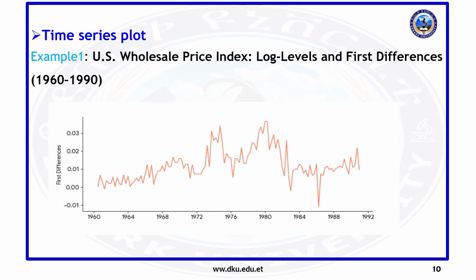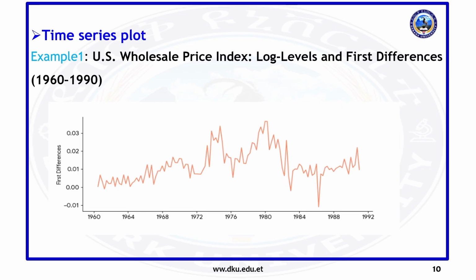Let us look at this example of a time series plot: the US wholesale price index from 1960 to 1990. This plot shows the first difference of the log-transformed WPI, which is a common technique in time series analysis to stabilize the variance and remove the trend.